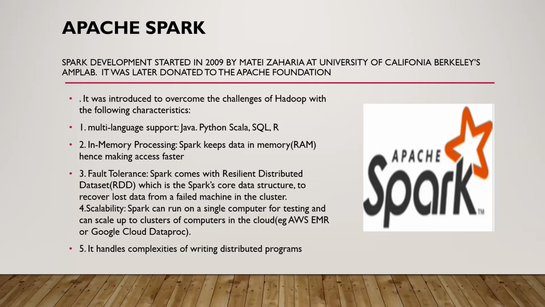So Spark has what we call the resilient distributed dataset, RDD, which helps it recover from such failure. Do you understand? It has what we call Spark Core. It's a data structure that helps it recover when there is failure in any of the nodes.